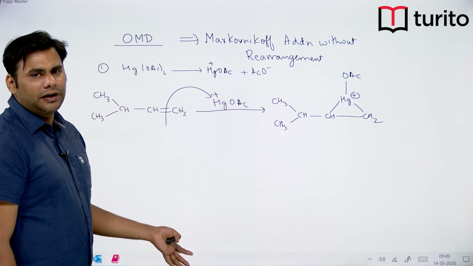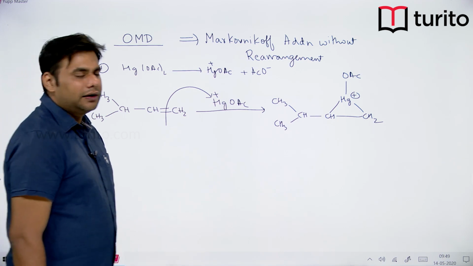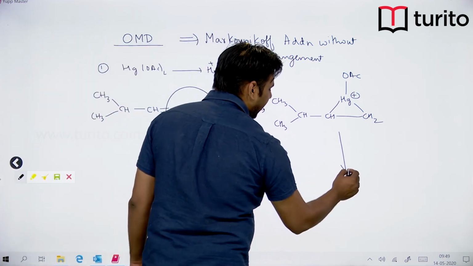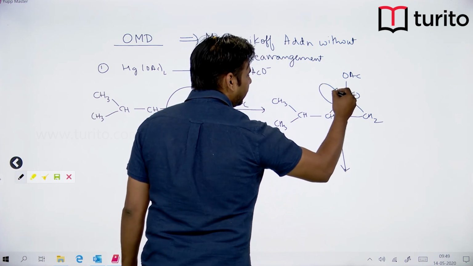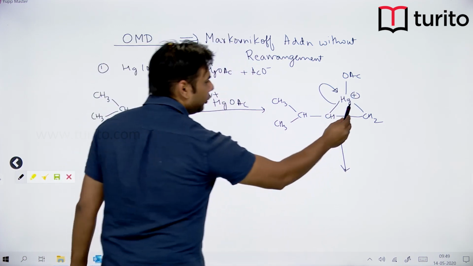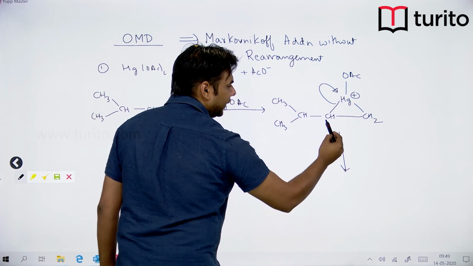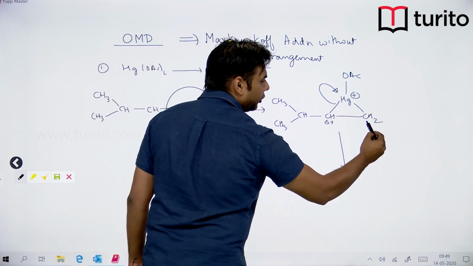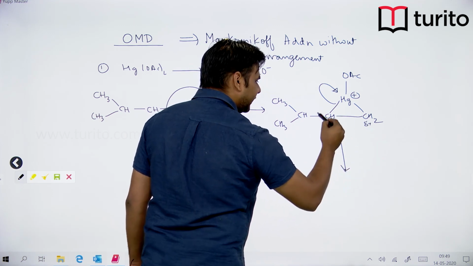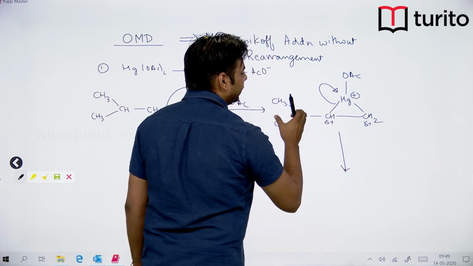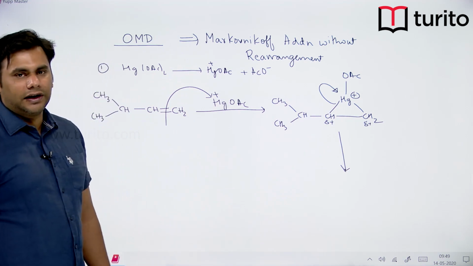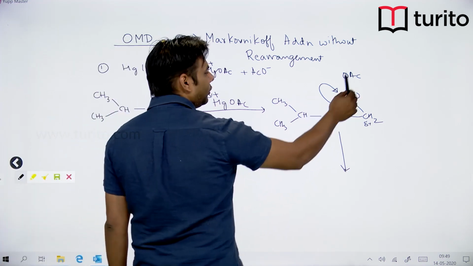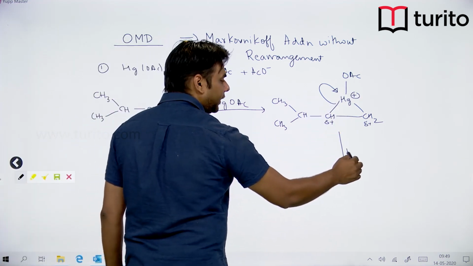A three-membered ring is unstable, so these rings generally go for a ring-opening reaction. This bond is polarized over here. We can polarize the other bond also, but then we'd get a carbocation on the less stable carbon. Clearly this carbocation is more stable because it has more hyperconjugation as well as inductive effect. So the mercury bond polarizes and we get a carbocation over here.